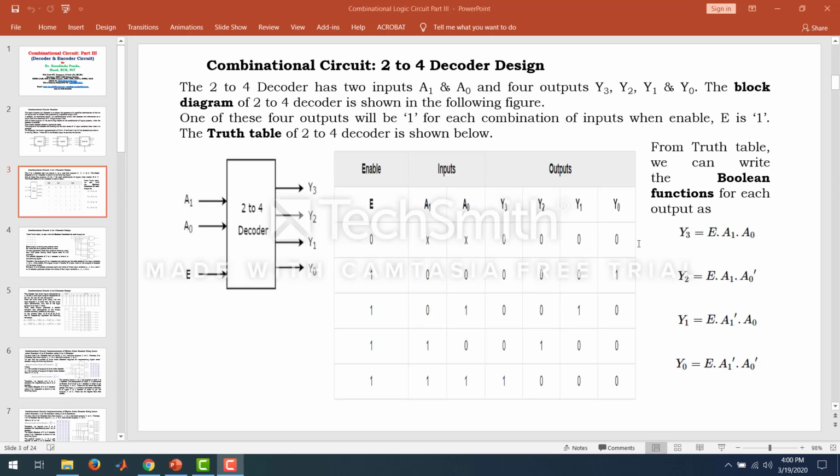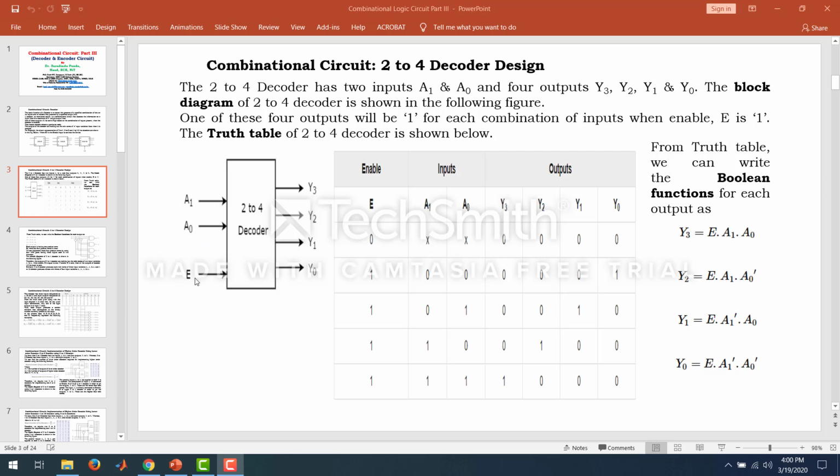Now design the 2 to 4 decoder. As said earlier, 2 to 4 means two inputs, called A1 and A0, and four outputs, that is 2 to the power of 2. So Y3, Y2, Y1 and Y0 are the four outputs. A0 and A1 are the two inputs and E is the enable line.